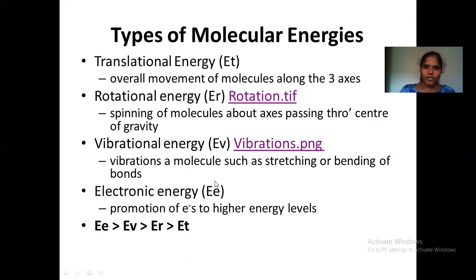Out of the 4, the translational energy is of very small quantity, and the electronic energy has the maximum value. So the decreasing order is: electronic energy greater than vibrational, which is greater than rotational, which is greater than translational.